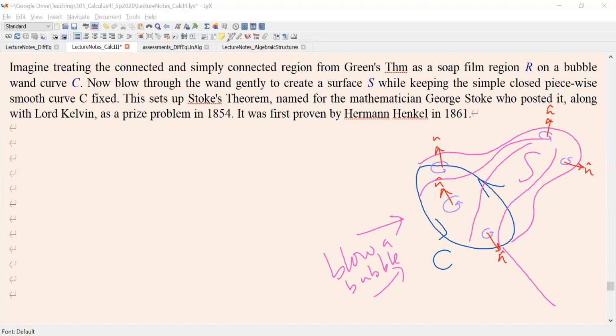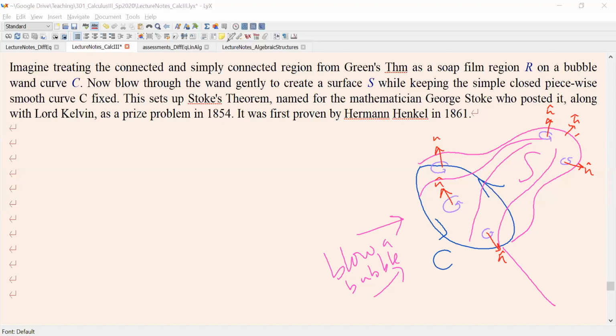n. Previously, all those normal vectors were just k hat. And you probably still have one somewhere up here that's close to k hat. But all the others have been tilted a little bit.